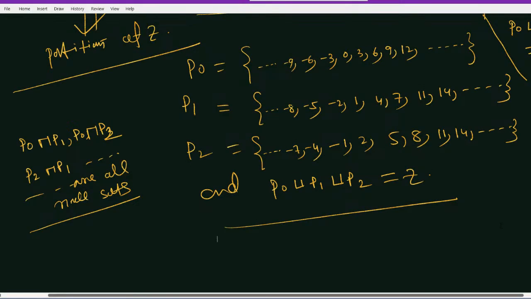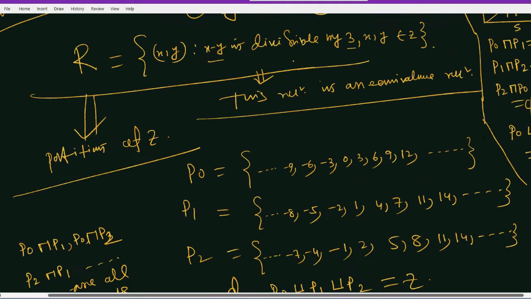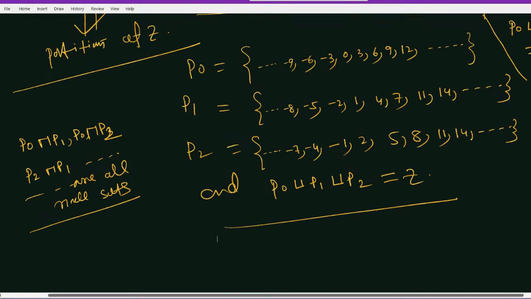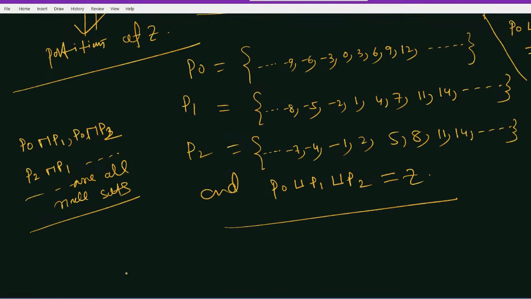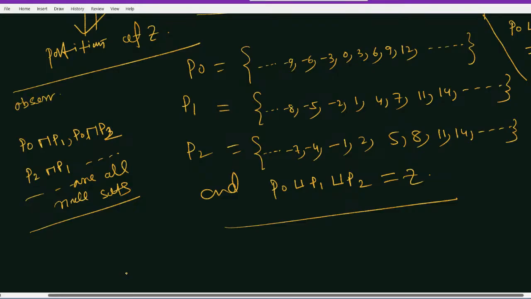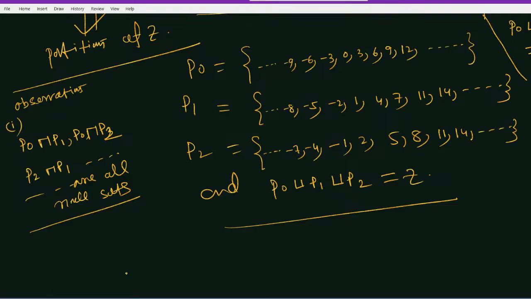Now, if we consider this relation, what I have stated here, x minus y divisible by 3, x, y belongs to Z, we make this observation. You write observation. Number 1, their pairwise intersection, if you take, they are all null sets.